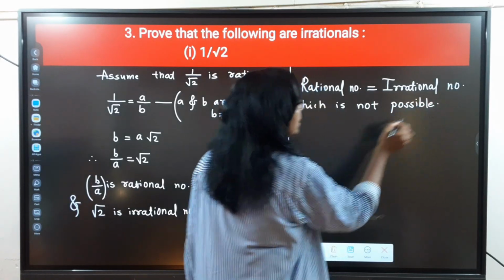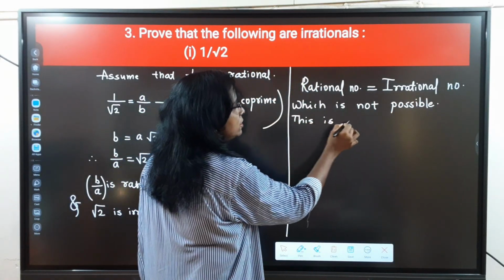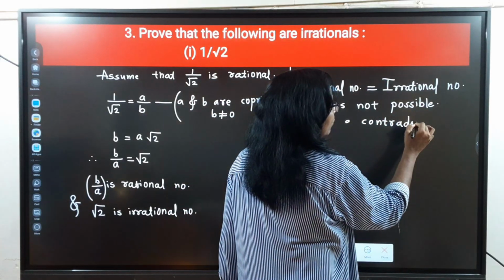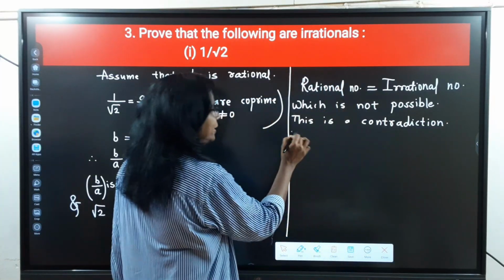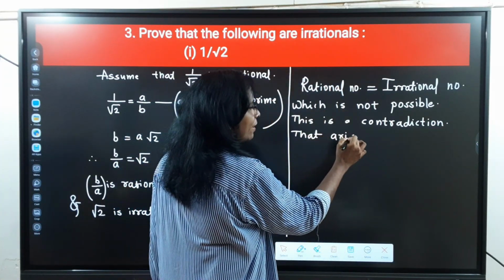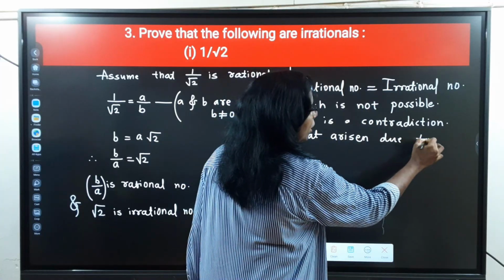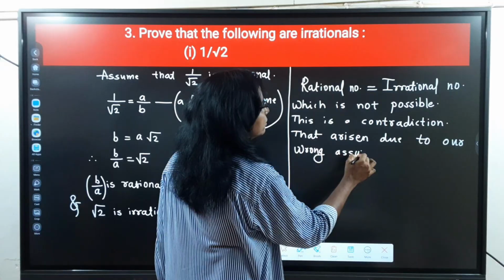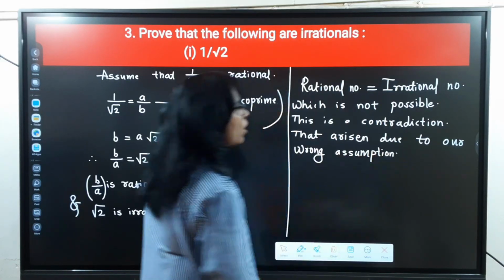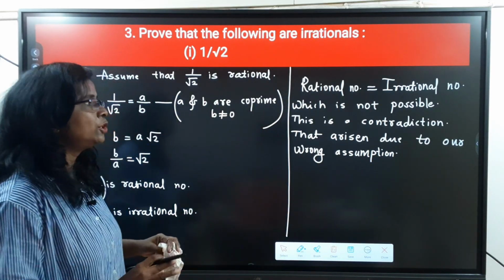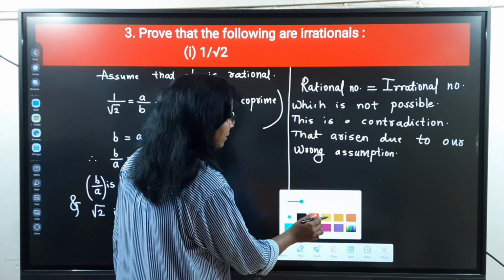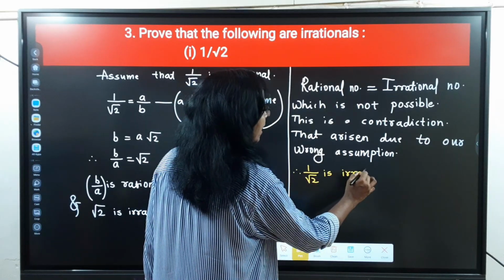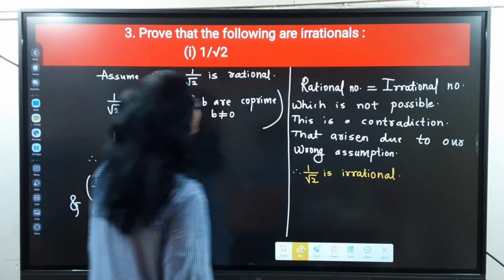Okay, and that means this is a contradiction, and that arises due to our wrong assumption. Due to our wrong assumption, this is a contradiction, and that means we say 1 upon root 2 is irrational.